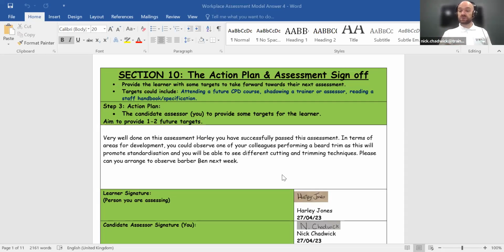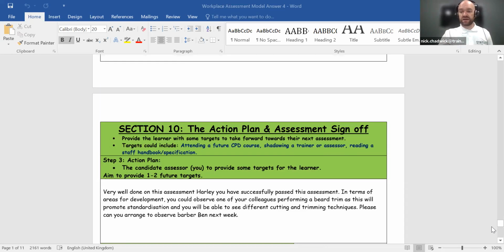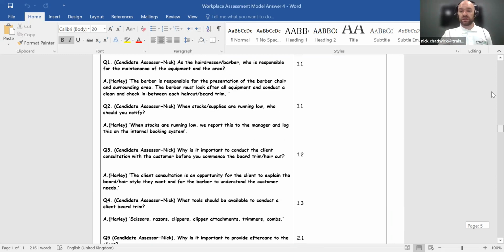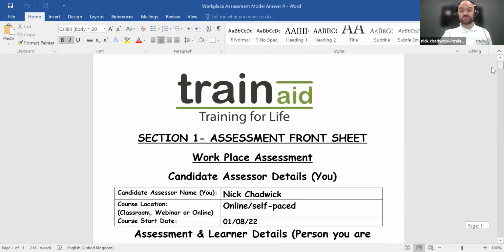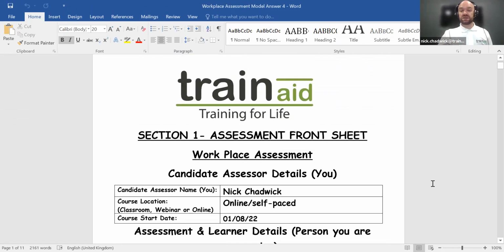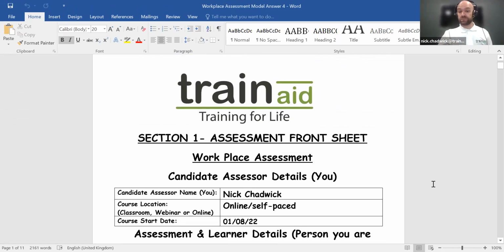It's also important for you to sign and date this assessment section, and also ask the learner to sign and date as well to say that they're happy with the assessment as well. So that is the action plan and assessment sign off page. Okay, so this is workplace assessment number 4. Okay, and hopefully this is nice and clear for you to take on board.